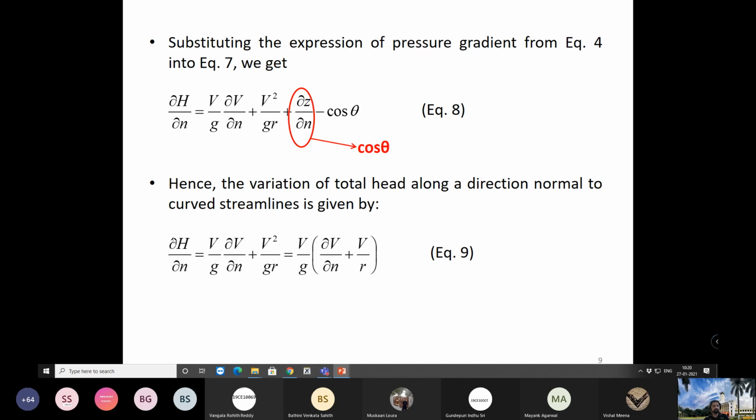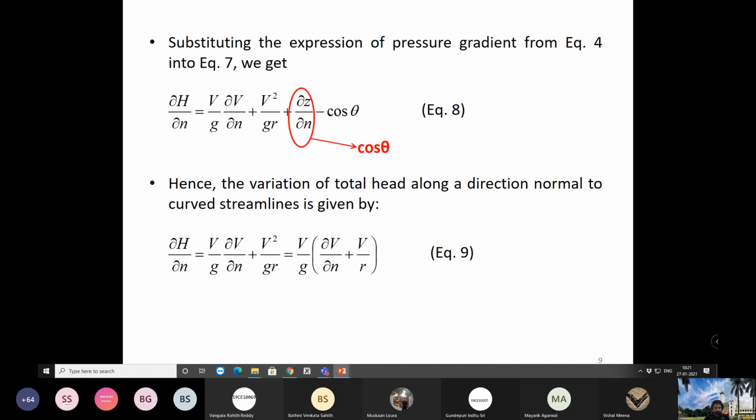This is again an important equation which shows the variation of the total head in the normal direction, and the variation of total head along the streamline is 0 because, due to Bernoulli's equation, head remains unchanged. So this is another important equation, equation number 9.